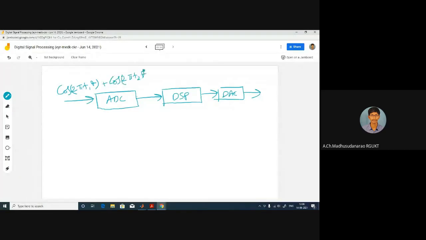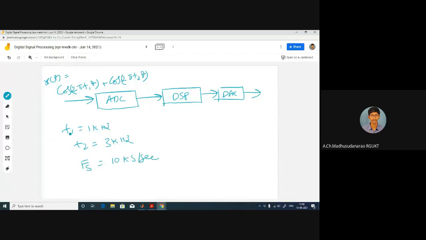For example, this is my input: cos 2 pi f1t plus cos 2 pi f2t, where f1 corresponds to 1 kilohertz, f2 corresponds to 3 kilohertz, and let me have sampling rate corresponding to 10 kilo samples per second.